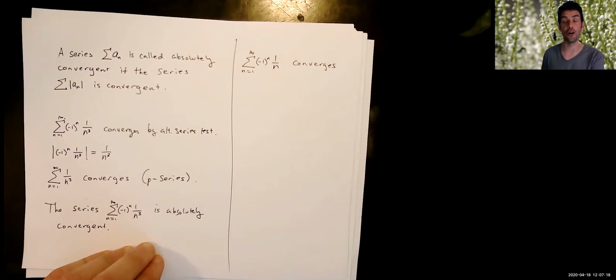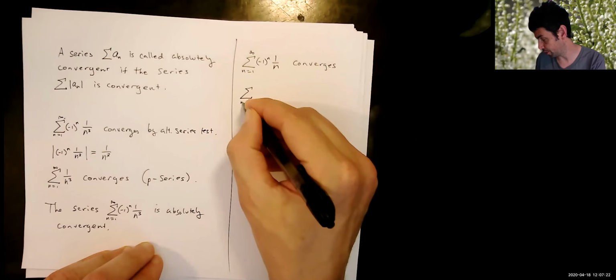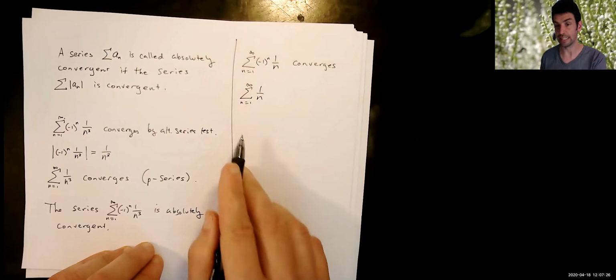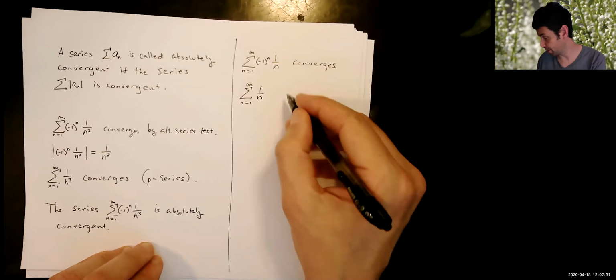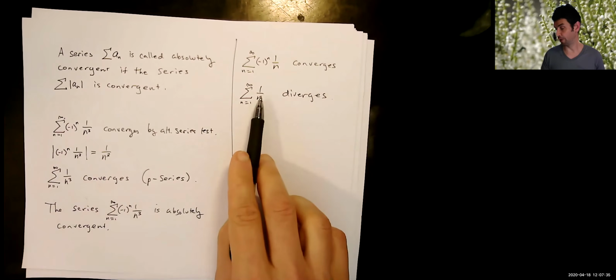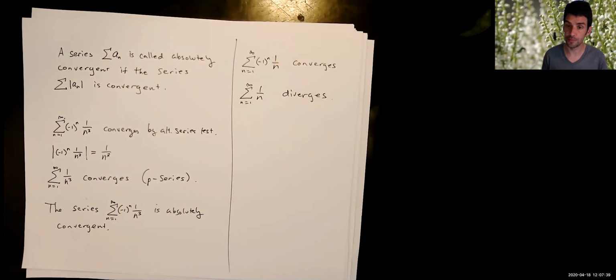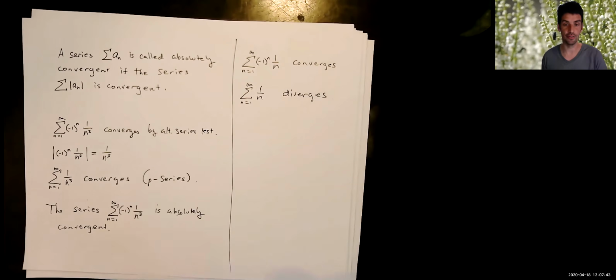This was another alternating series test that we've actually done in a previous video. But if I compare this to the series of its absolute value, which just gets rid of the negative here, this diverges. Okay, so sometimes we take the absolute value, we still get something convergent, sometimes we don't.